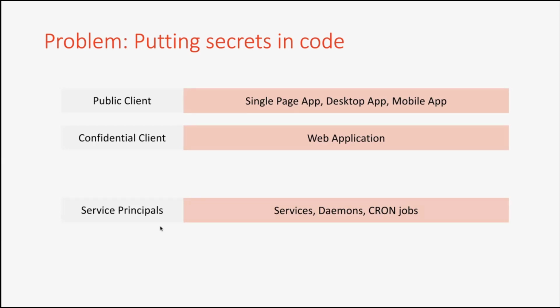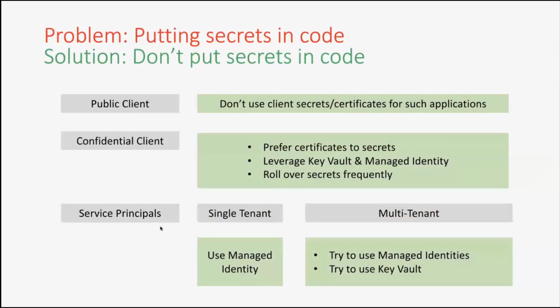Now, the difference between these three is that the confidential client and the service principal are the only kinds of applications where you should involve a secret. And even in service principals, I'll talk about this shortly, you should prefer to use managed identities. In public client applications, you should never put a secret in the application itself. So what's the solution?